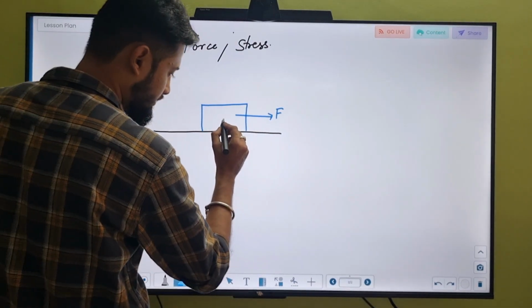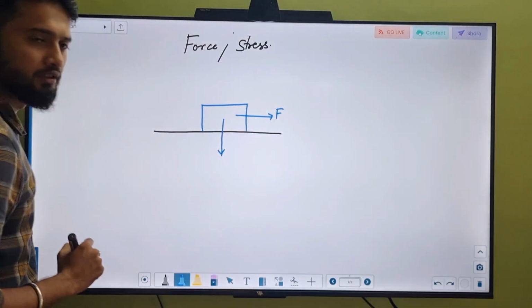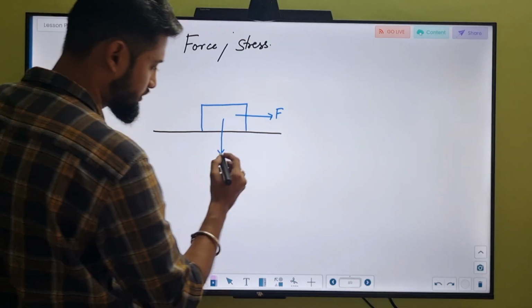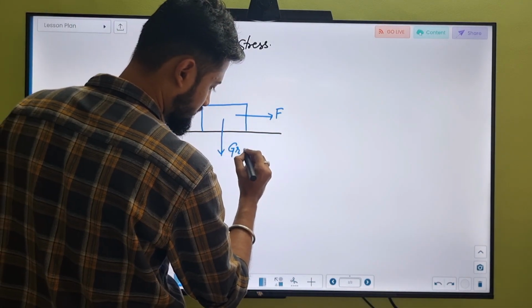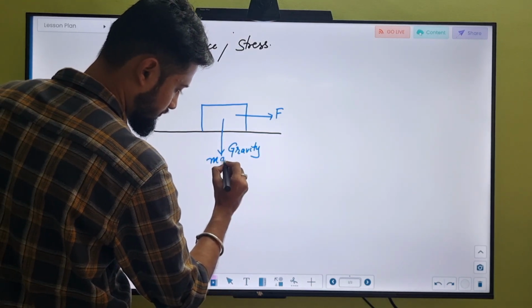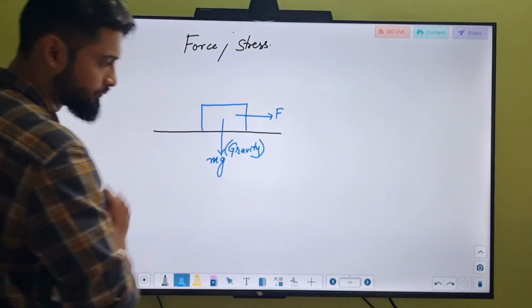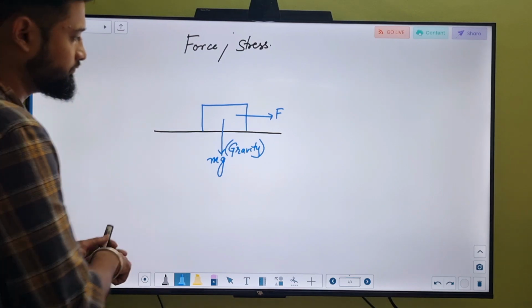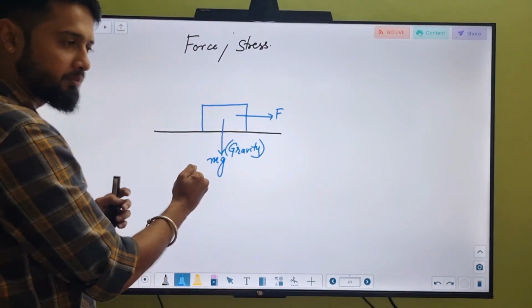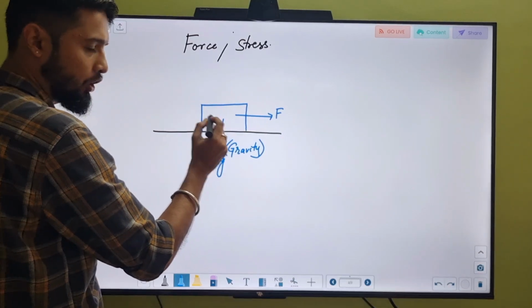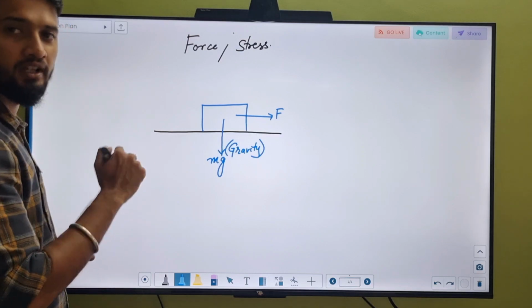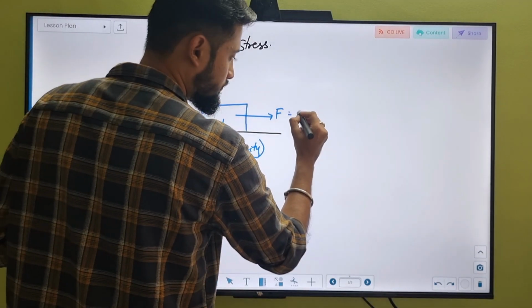Okay, that force is acting perpendicular. Which is that force? That force is called the gravity force, mg. Okay, so in this case I'm trying to put the force, but the gravity force is maximum here. So what happens, this object doesn't move. Yes, so the force acted will be 0.